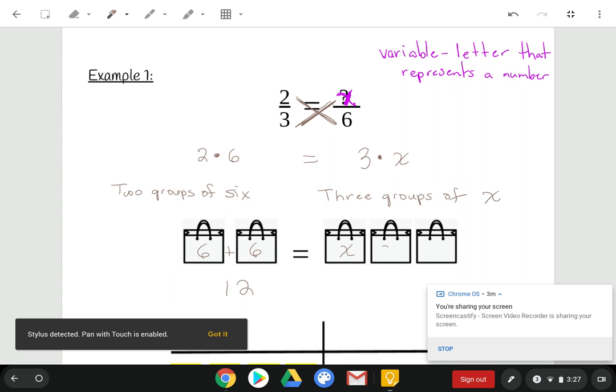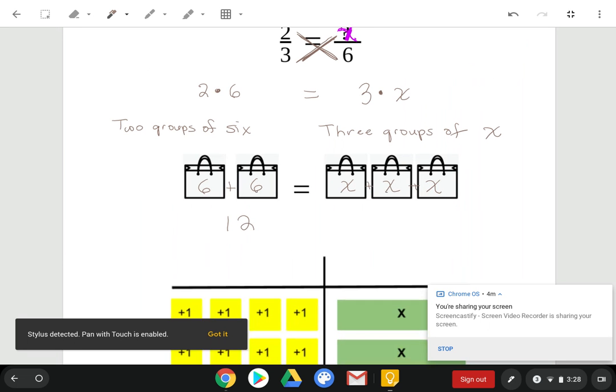In this next shopping bag, we have an x. That's my second group. In the last shopping bag, we have another x. So when I add those all together, if I have an x, an x, and an x, what do I have all together? You are correct if you say 3x. So using cross products, we're going to write this as 12 is equal to 3x.